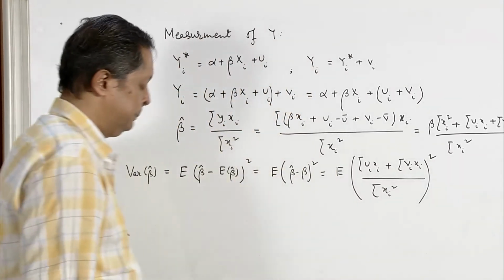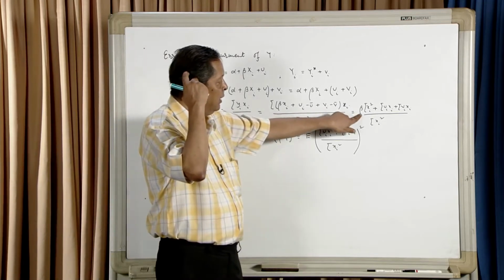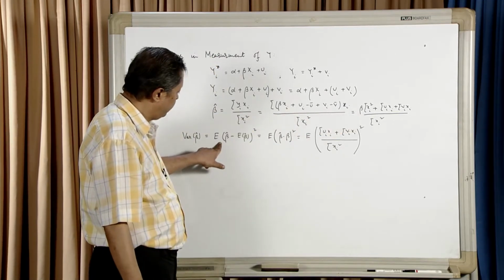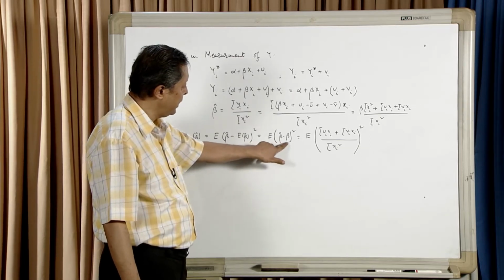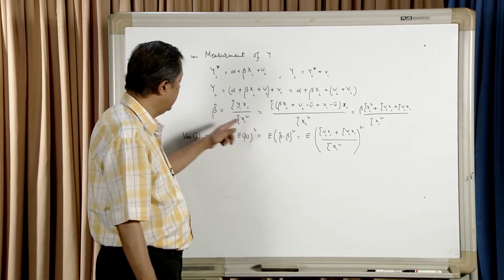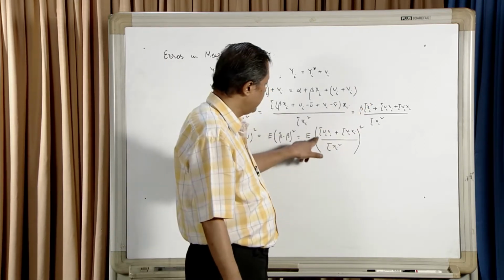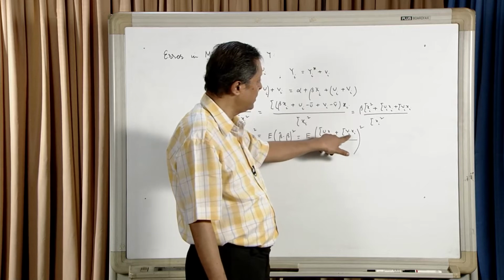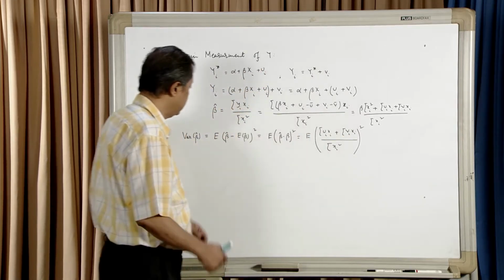Please take a look. So, expectation of beta hat is beta. So, expectation of beta hat minus beta whole square means beta hat minus beta, that is this term, summation ui xi plus summation vi xi divided by xi square, the square of that.